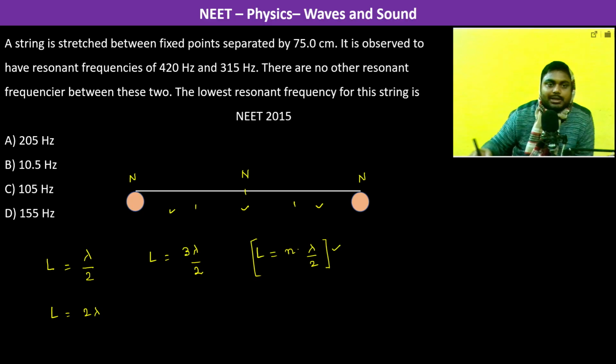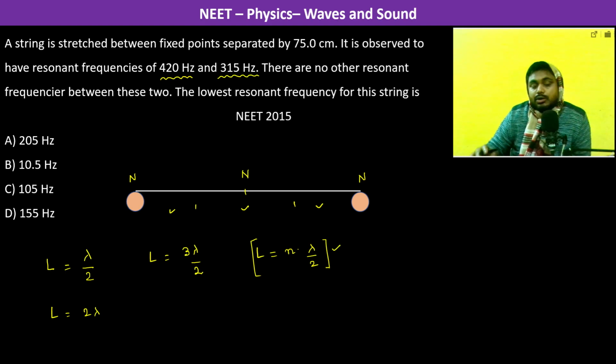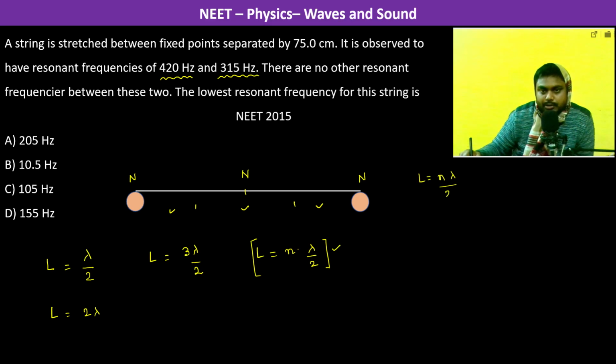Now what they are telling is, okay, there are two resonant frequencies, 420 and 315, and there is no other resonant frequency between these two. So this general equation we write down. So L is equal to n lambda upon 2.